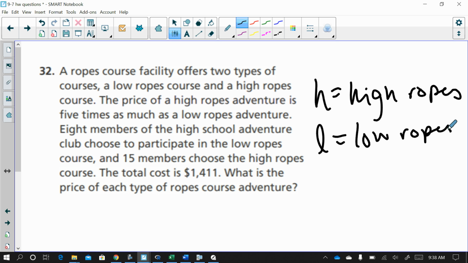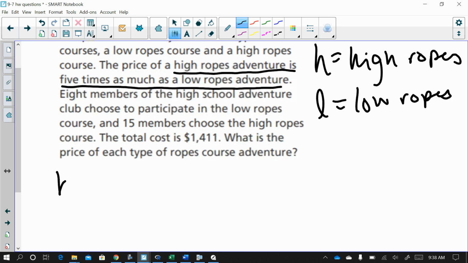You could absolutely use x and y. I usually just pick whatever I'm talking about. So let's start right here. High ropes is 5 times as much as the low. So H equals 5 times the low. There's my first equation: H equals 5L.